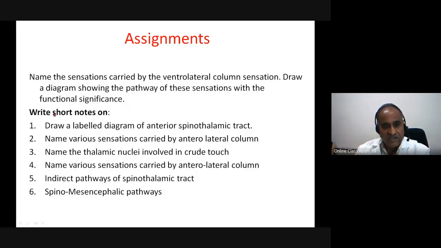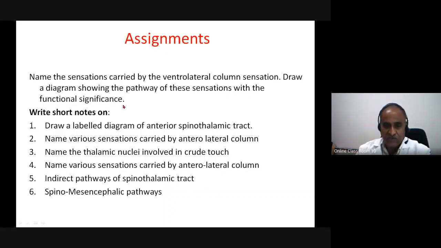Write short notes on the labelled diagram of the anterior spinothalamic tract. Name various sensations carried by the anterolateral column, and name the thalamic nuclei involved in crude touch. Then the indirect pathways of the spinothalamic tract and the spinomesencephalic pathways of anterolateral column sensations.